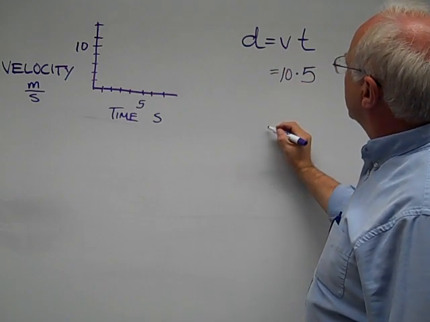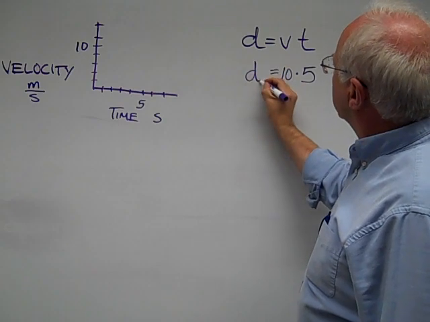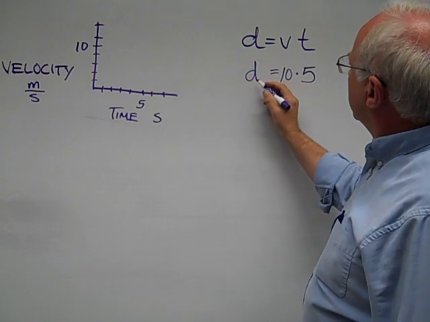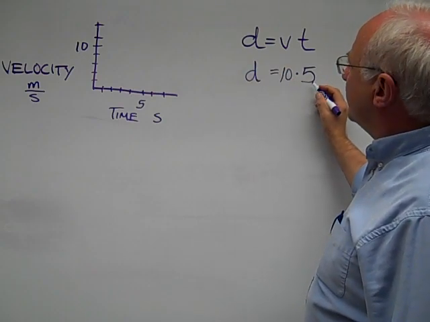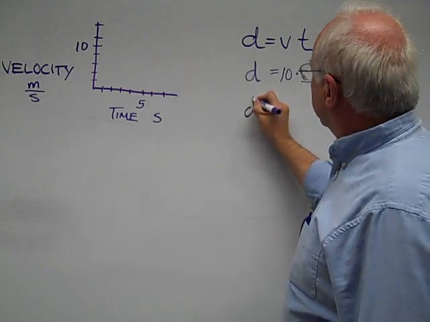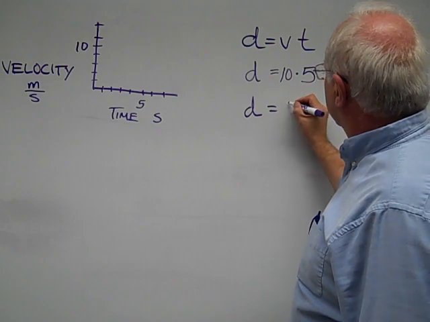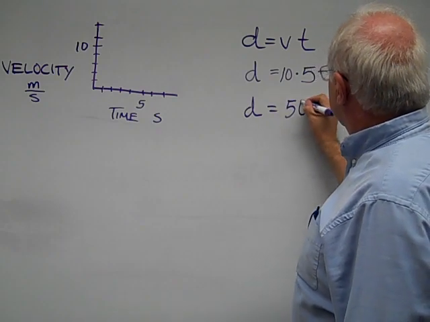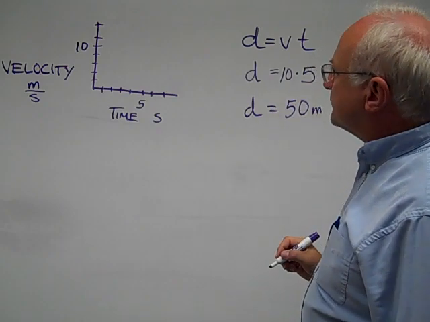Well, the distance it traveled, or its displacement, would be displacement equals 10 times 5. If my units were meters and seconds, that would be a distance or displacement of 50 meters.